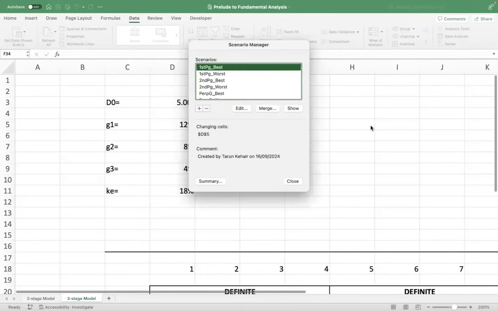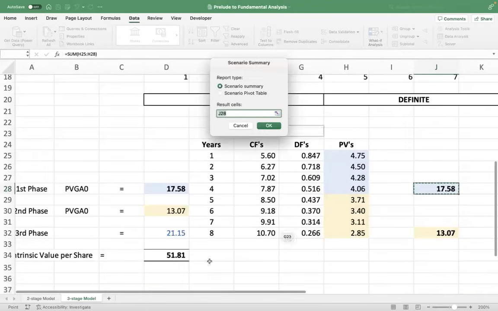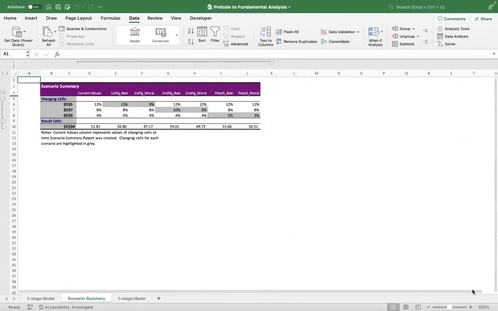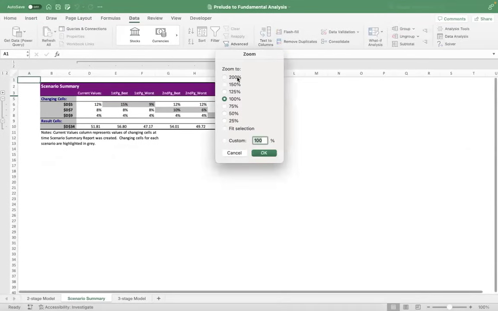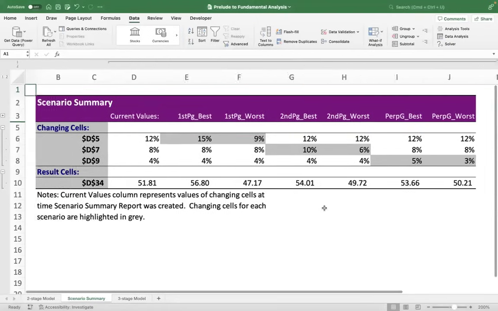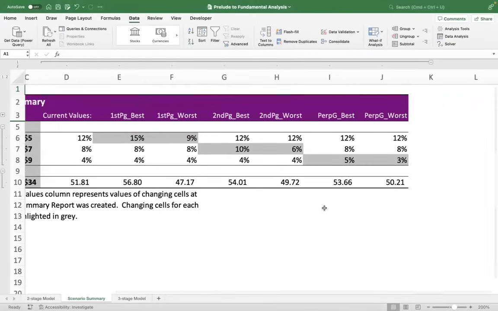Now I have got 6 different scenarios here, best case, worst case. So I can actually see the scenarios with the result. I just want the result to be the intrinsic value of the share. And I press OK. The moment I press OK, I will get the answers of those 6 different scenarios.